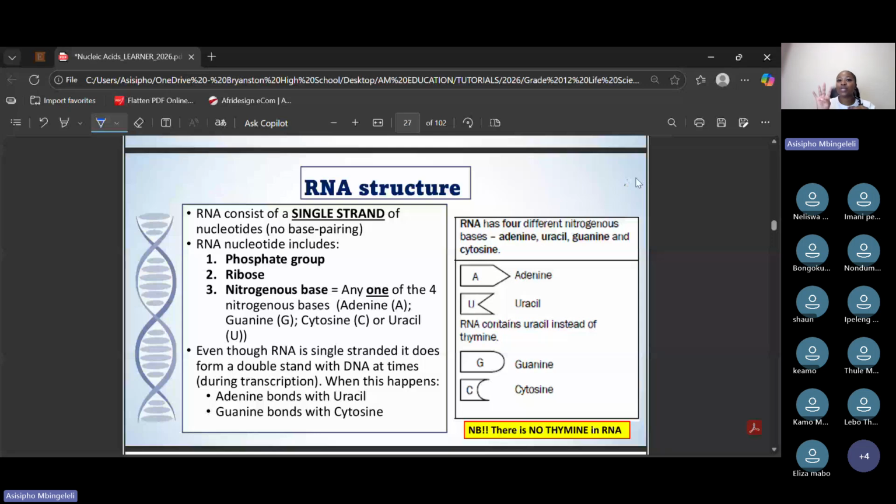We have the uracil base, the U. So T is replaced by U in an RNA structure. I'm just recapping what we covered last week. Then we concluded the lesson by looking at the DNA calculations, which basically tell us that whatever number of adenine bases we find in a section of DNA will be equal to the number of thymine bases we find in that very same section. The same rule applies for C and G.